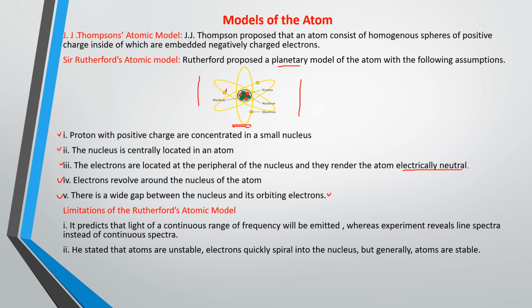Electrons would quickly spiral into the nucleus, but generally atoms are stable. So these are the two limitations of Rutherford's atomic model. Alright, so you need to take note of all this.